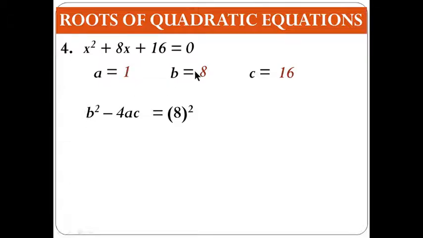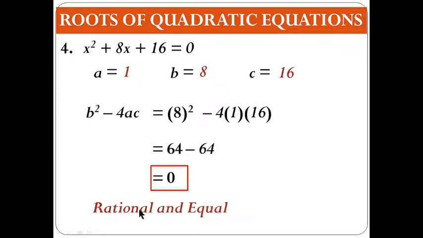B is 8 minus 4 times A is 1 times C is 16. The square of 8 is 64, then minus 4 times 1 is 4 times 16 is 64. And the difference is 0. The discriminant is equal to 0. Therefore, yung kanyang nature of roots ay rational and equal.